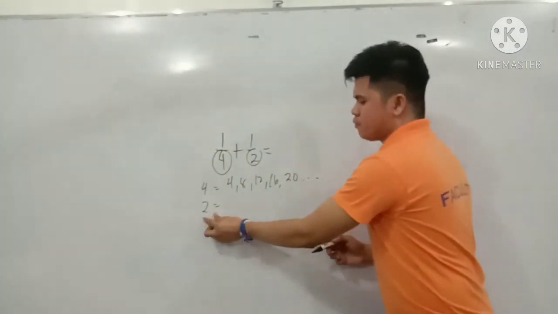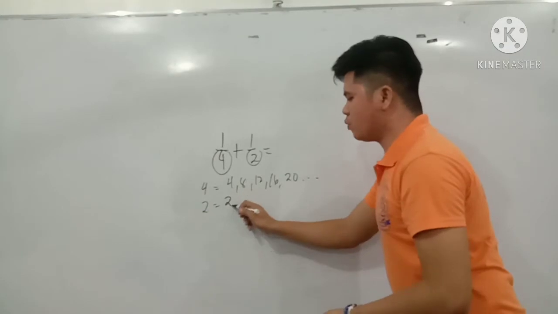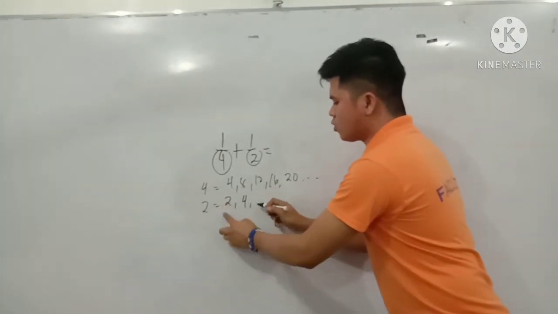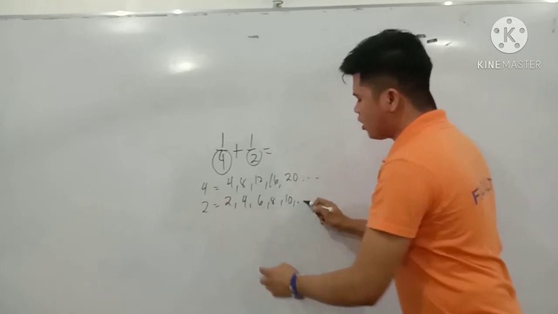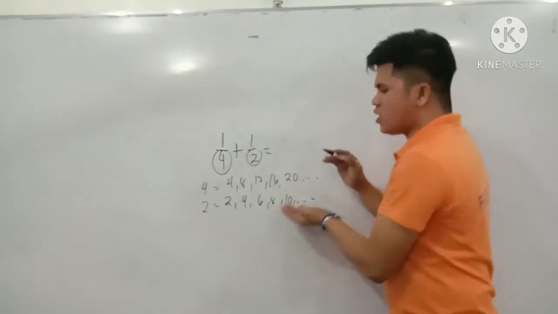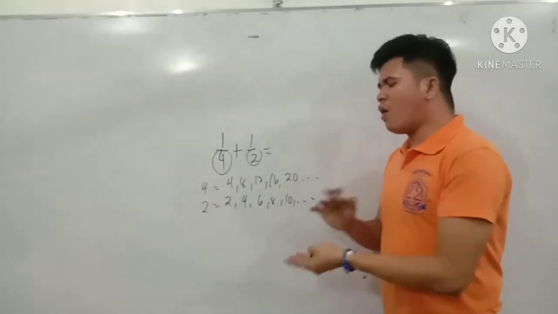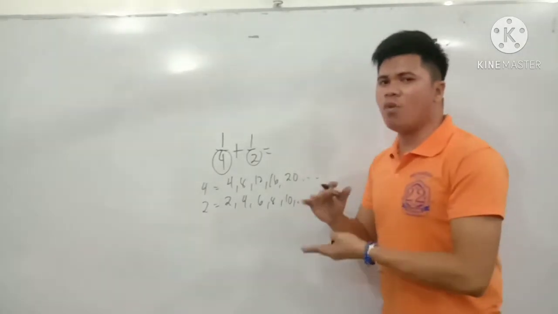How about 2? Again, start with itself, 2. Then add by itself, 2 plus 2 is 4. Plus 2 is 6. Plus 2 is 8. Plus 2 is 10. So on and so forth. That is the way in getting the LCM. And then, our target is the least common multiple.